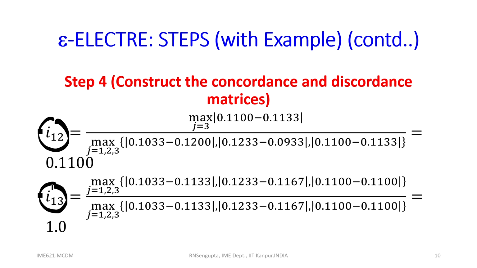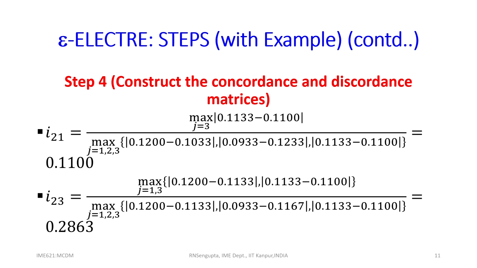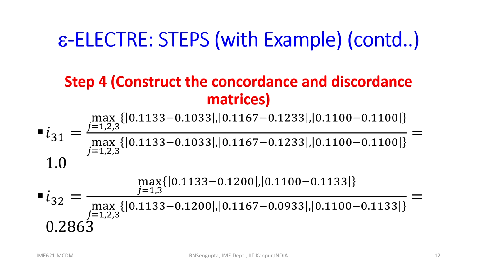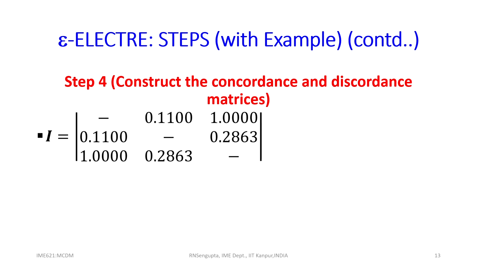The values are already given: I 1 2 is 0.1, I am not reading the last 3 decimals, I 1 3 is 1, then I 2 1 is 0.1 and I 2 3 is 0.28, and similarly I 3 1 is 1 and I 3 2 is 0.28. So, when I formulate the indifference matrix, again it is symmetric.